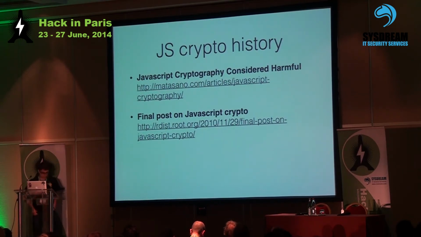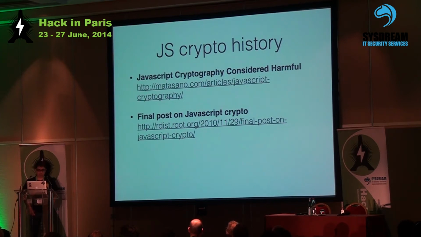So when you start asking questions about JavaScript crypto, you really quickly come across these two blog posts. The first one by Thomas Ptacek from Matasano Security, entitled "JavaScript Cryptography Considered Harmful," and that is pretty much the essence of the blog post.